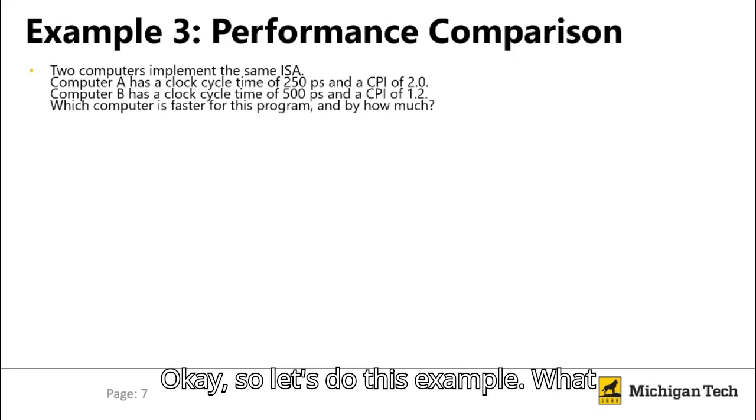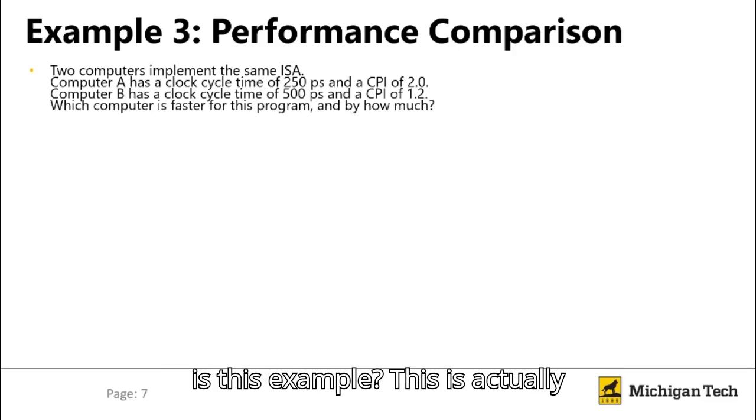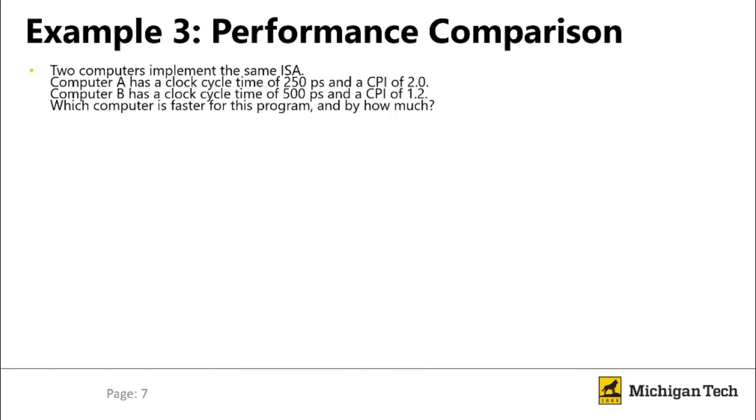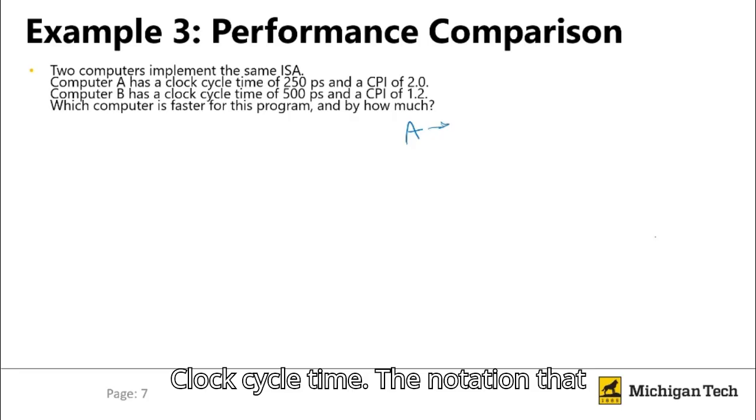Okay, so let's do this example. This is actually about the performance, or speedup, of two computers. It's a simple question. You have two computers, A and B. Computer A has a clock cycle time.